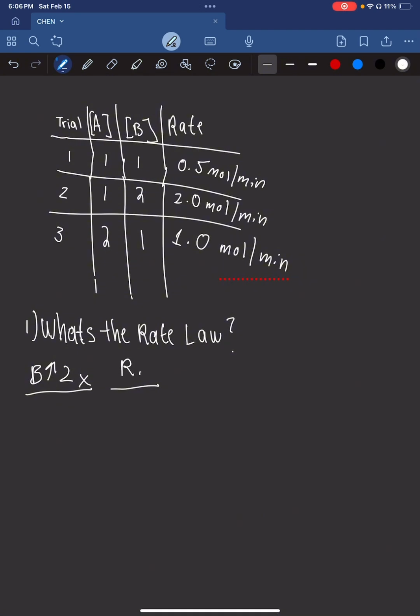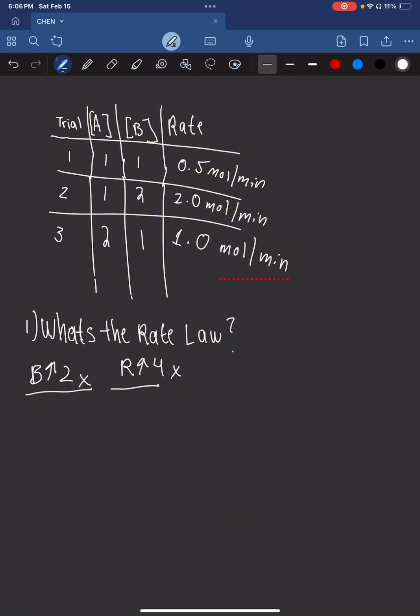Well, the rate went up by 4. So what does that mean? You could just infer that it's a second order reaction, because you should know in your head that if it went up by 2 and the rate went up by 4, then it's a second order reaction.